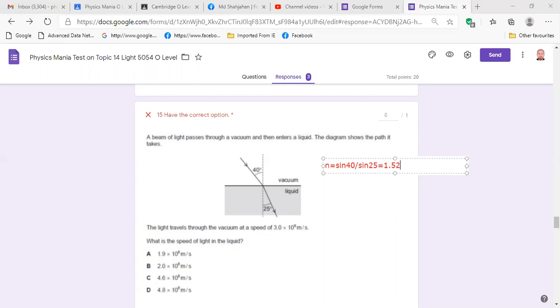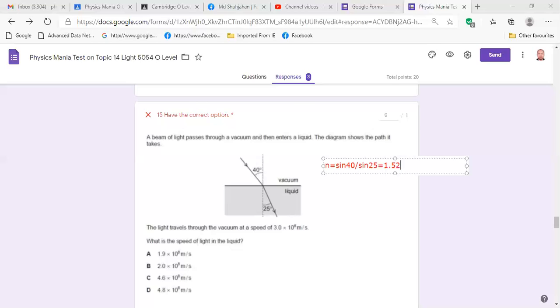If you take 3 by 1.9, what is the answer? Check. 1.57.